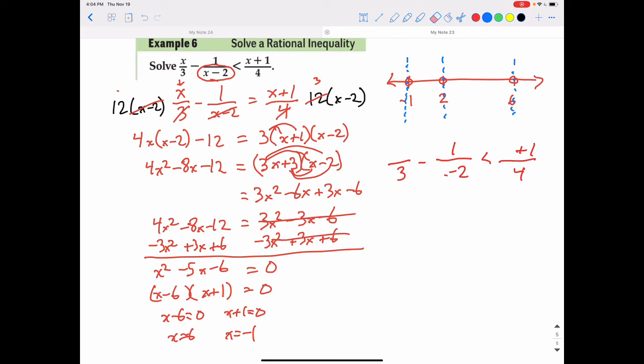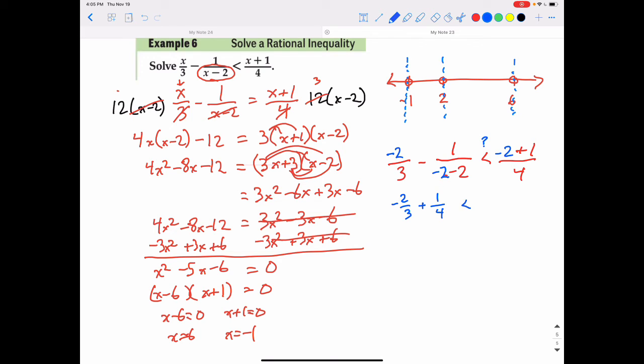So let's say -2. So that'll give me -2/3 minus 1 over -2 minus 2. Is that less than, that's what I'm trying to figure out, -2 plus 1 over 4? Well, -2/3 minus, this would be 1 over -4, which means it's actually going to be plus 1/4.